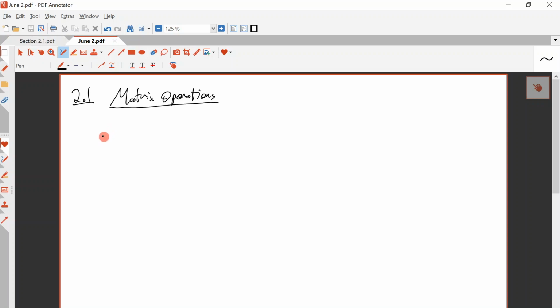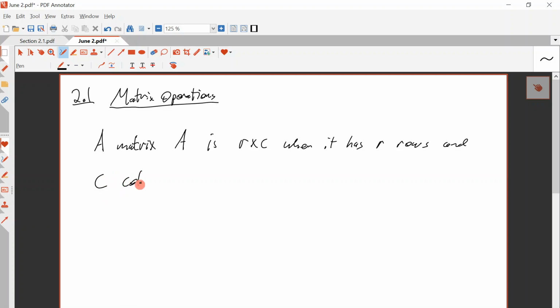So a matrix A is R by C when it has R rows and C columns.